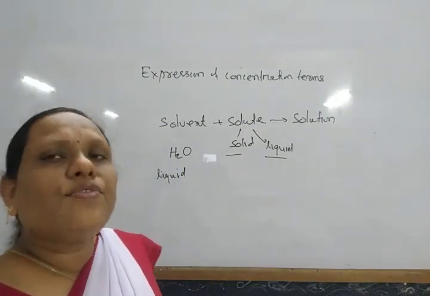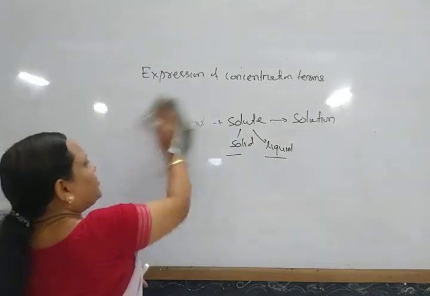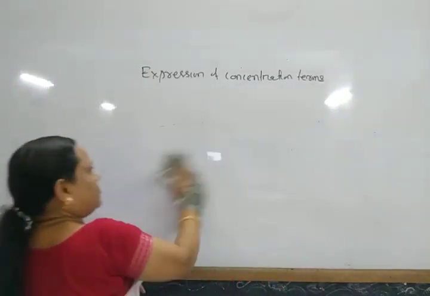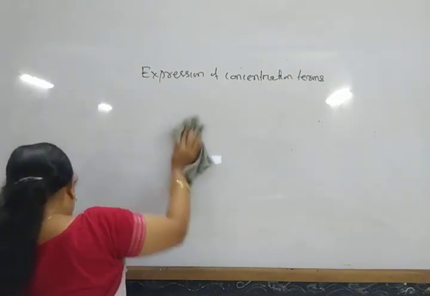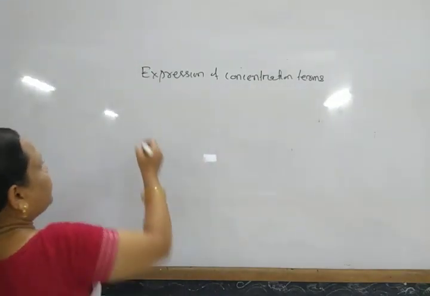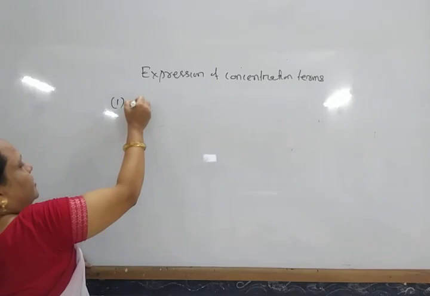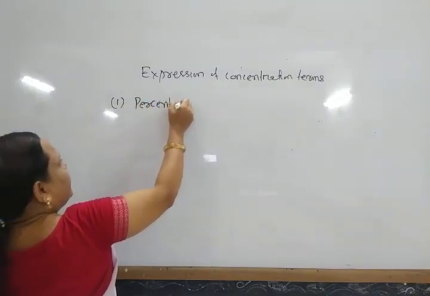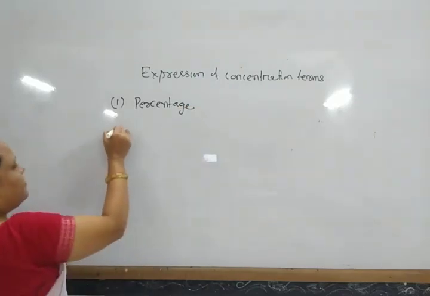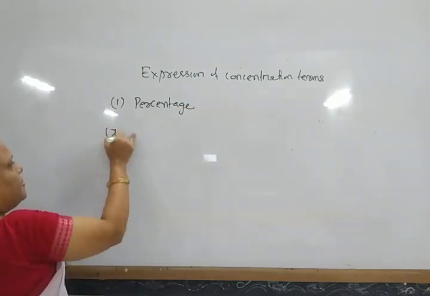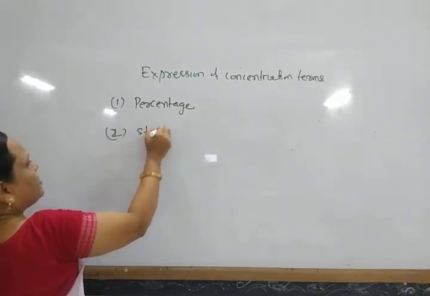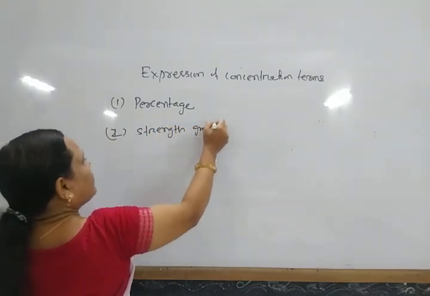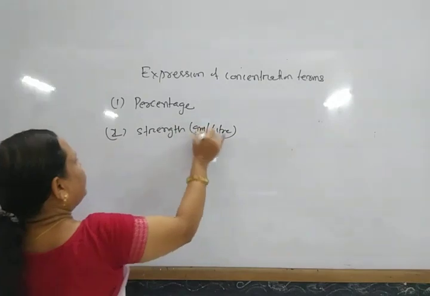The concentration terms of solutions are generally expressed by different terms. What are the different terms? One is percentage. Then strength, that is grams per liter.